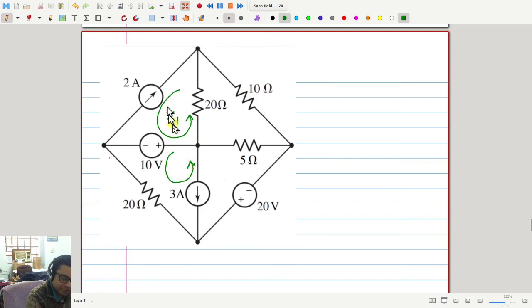You can take these loops in any direction, but stay consistent with your calculations. Then I3, then I4. Okay, so once we find these 4 currents, then everything will be easy.